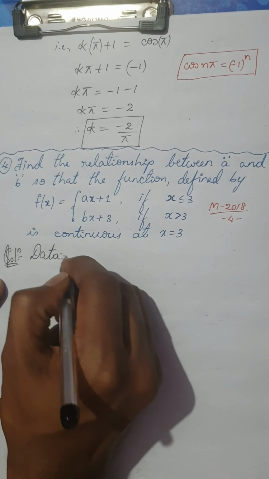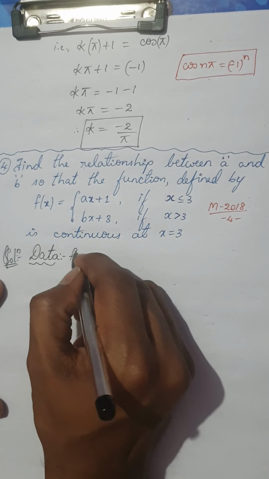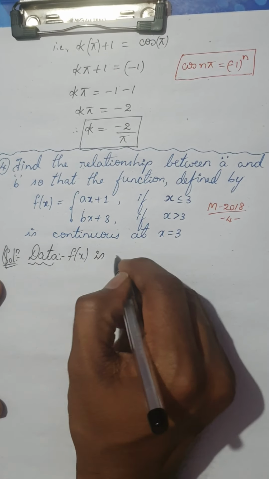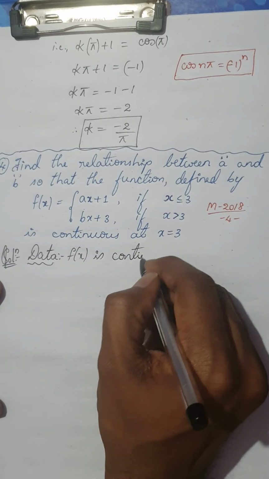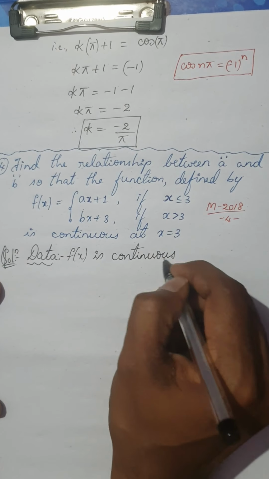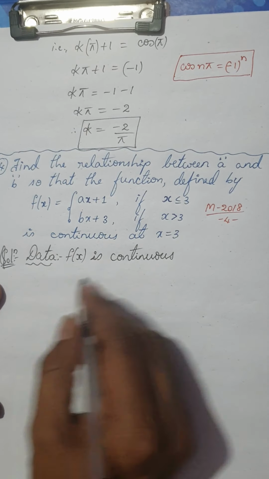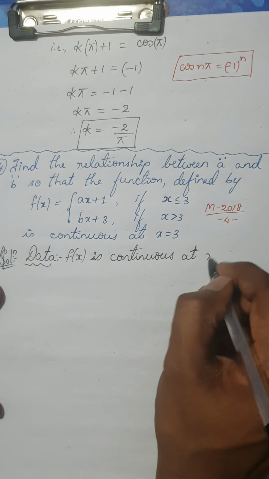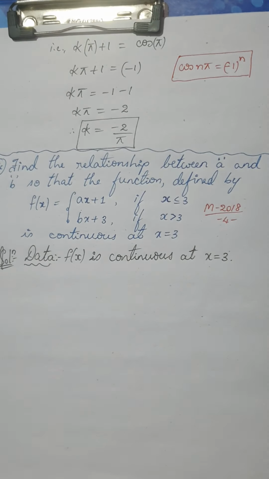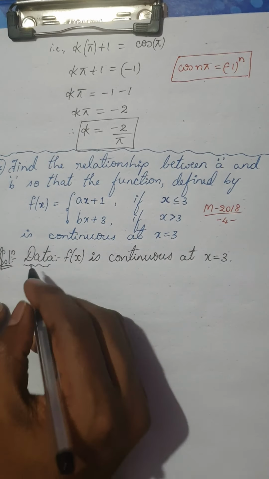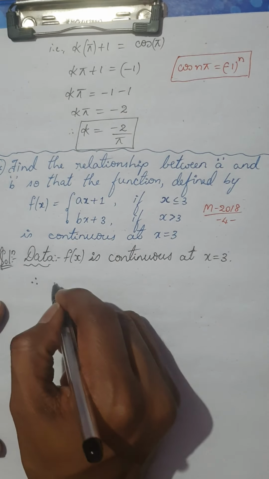Given data: as we generally write, f of x is continuous at x equal to 3. Don't skip any steps here because there are very few steps for these kinds of problems. What do you mean by f of x being continuous?